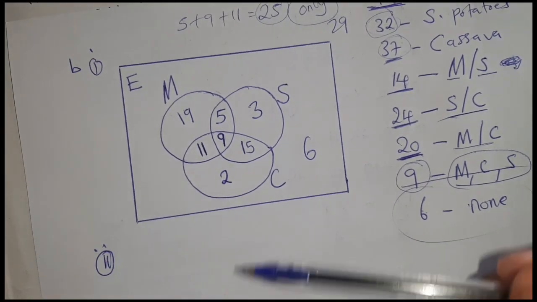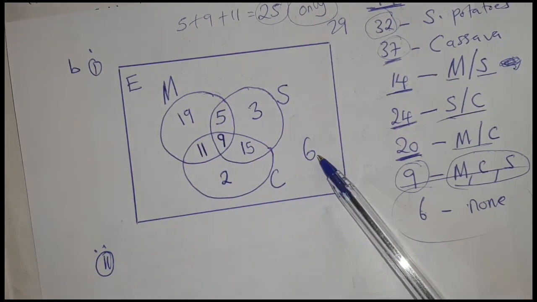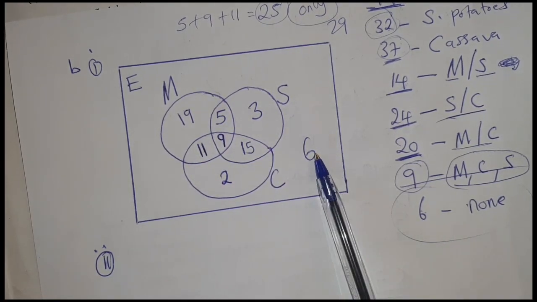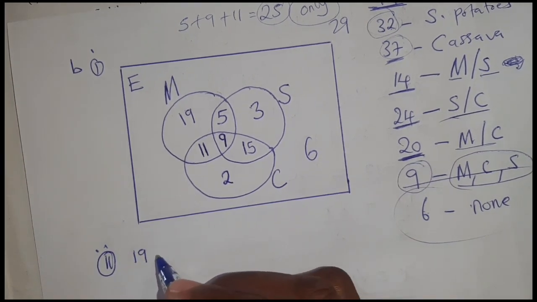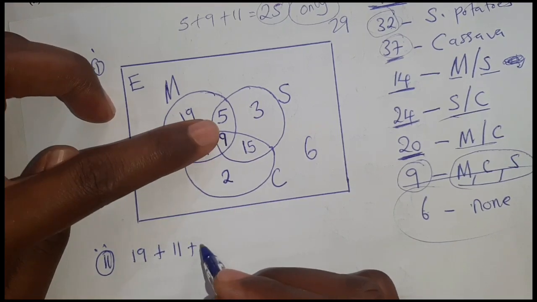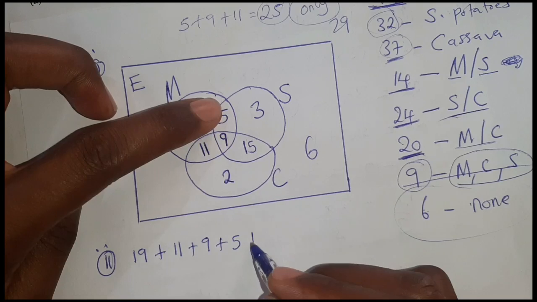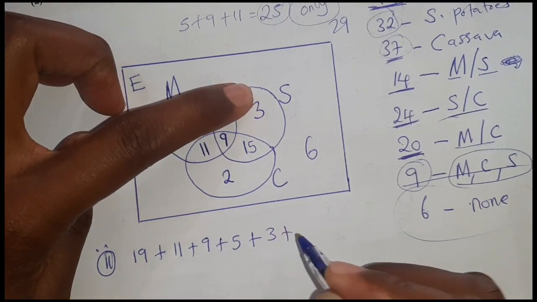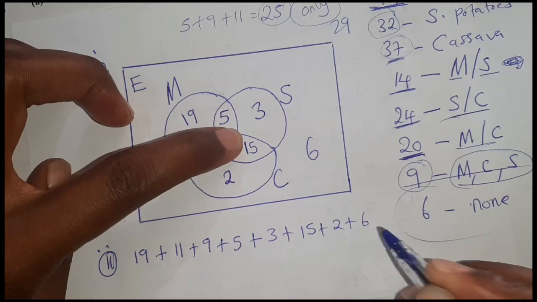So for us to know the total, we are going to add all the numbers here, including these 6 that didn't plant anything. So we show our working: 19 plus 11 plus 9 plus 5, then plus 3 plus 15 plus 2 and plus 6.